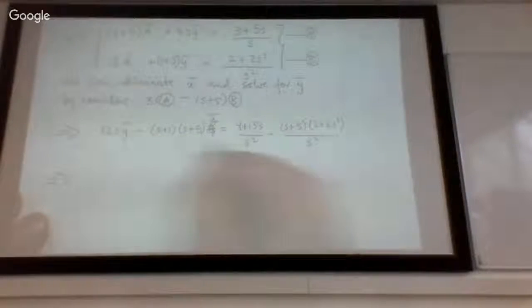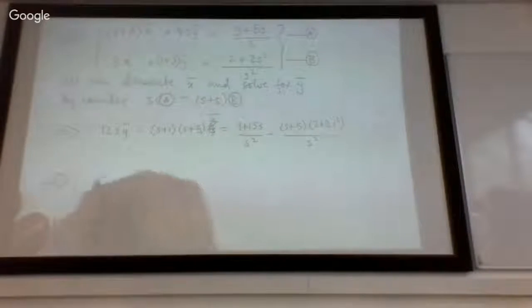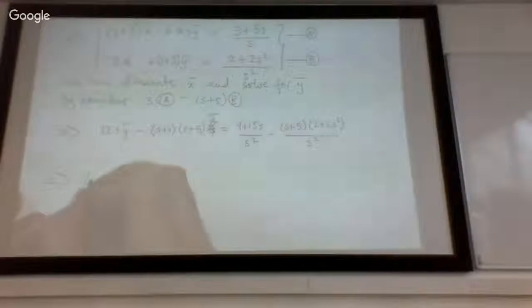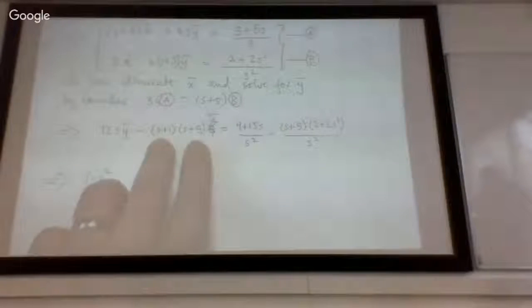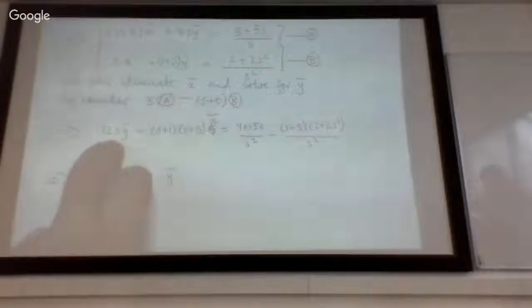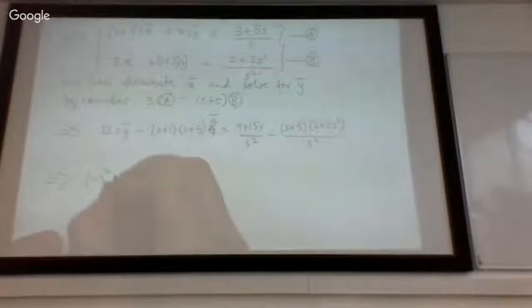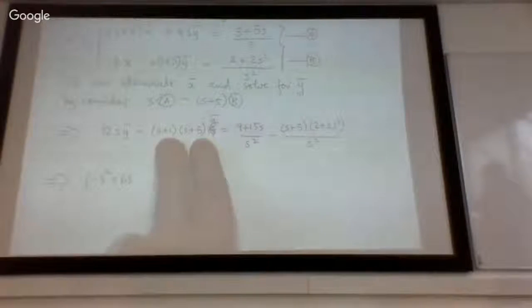On the left-hand side, well, we need to multiply out these brackets. So everything is multiplying y bar, and it's going to be minus s squared. You're going to get minus 6s in here, but you've also got plus 12s, so that's going to give you plus 6s. And then you get a constant 5 from there.